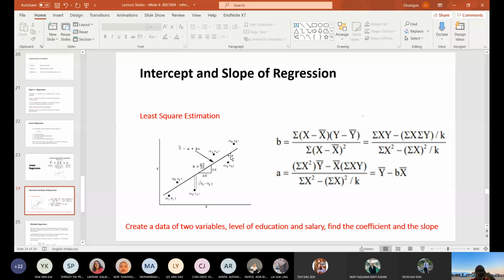Then we can get our a. A is, when x is equal to 0, what is the value of y? That is the intercept, where this straight line cuts the y-axis. Because when x is 0, y will be equal to the intercept a.